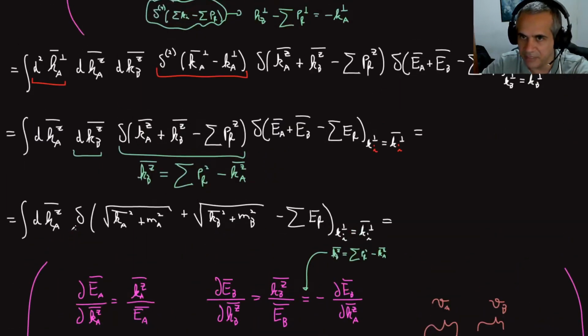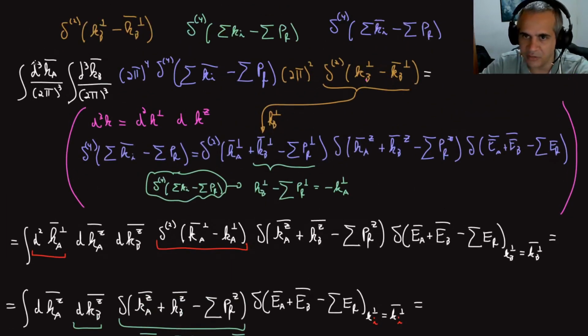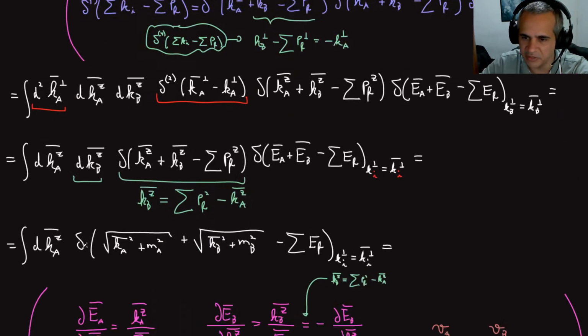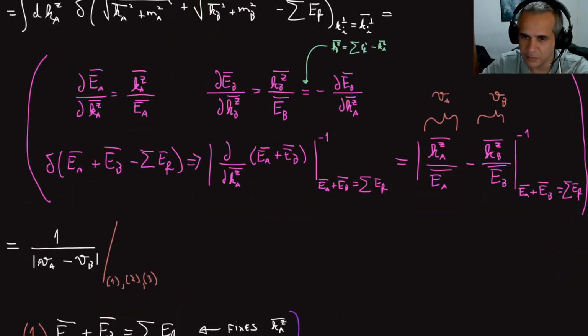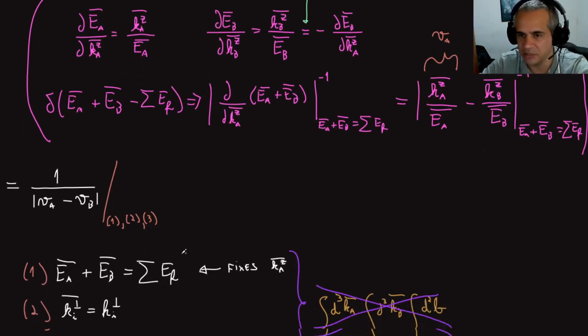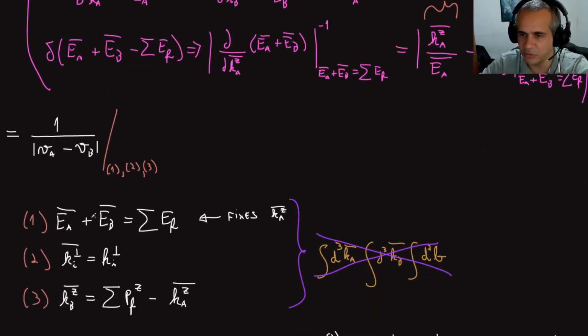So I basically manage here to integrate over all the KA bars and all the KB bars, and the result is just that, right? But remember that those integrals were inside a much bigger integral, so I have to impose all the conditions that came from the deltas in the rest of the expression, right? And these are the conditions.